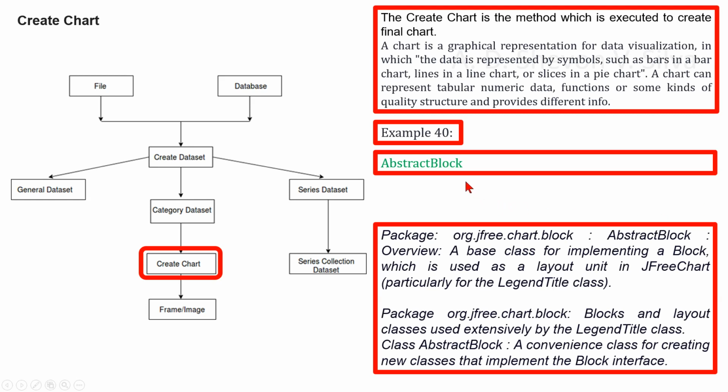Class AbstractBlock is a convenience class for creating new classes that implement the Block interface. Subclasses include BlockContainer, ColorBlock, EmptyBlock, LabelBlock, LegendGraphic, and Title.